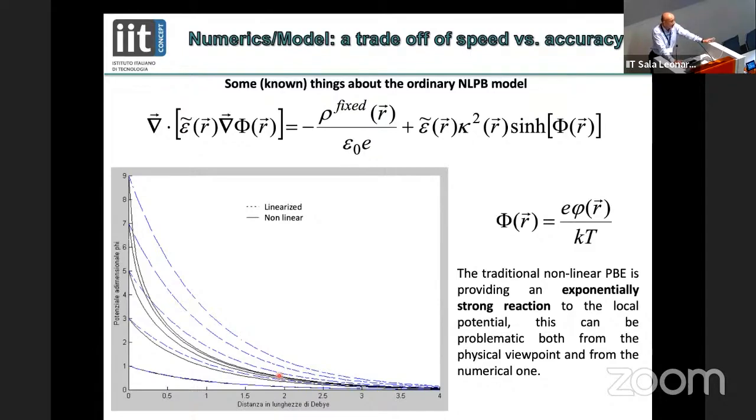And the other is numerical, in the sense that if you have some charge which is very close to the solvent, you might end up having a very, very high potential and a very, very high reaction, which is exponential, and you may end up not converging, which is the case.